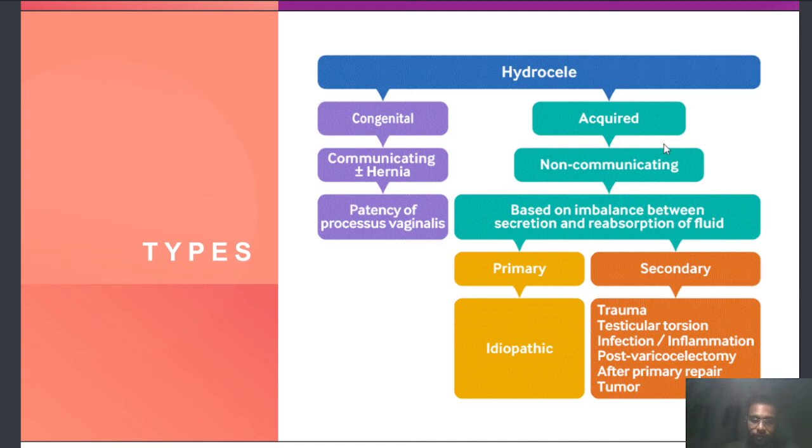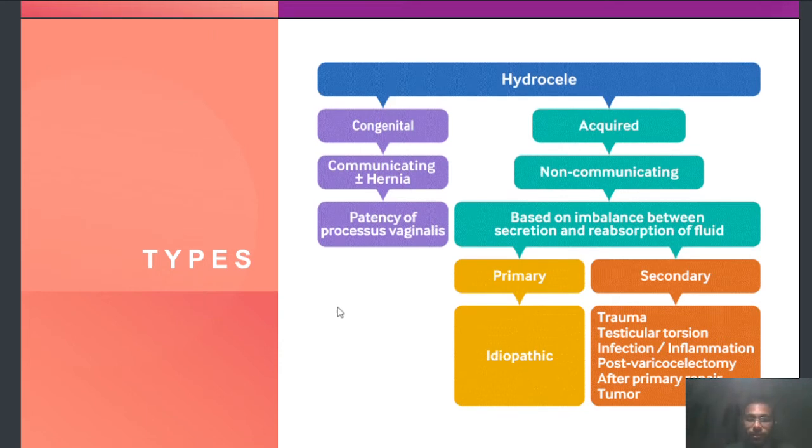You can find that hydrocele has very different types of classification, but the classification I'm using is a more trusted one, a classification which is accepted by a lot of professors I have been working with. So this classification basically starts by dividing hydrocele into congenital and acquired.